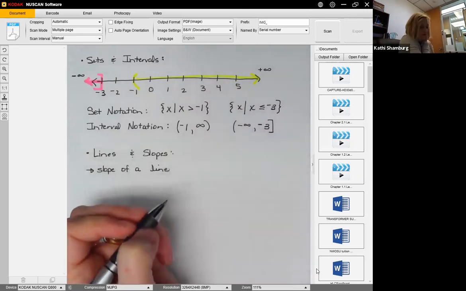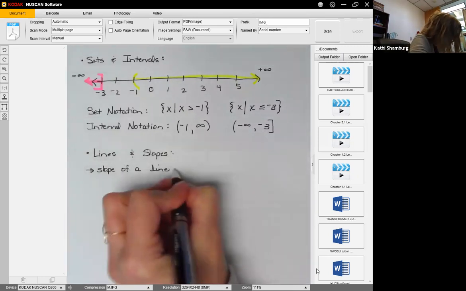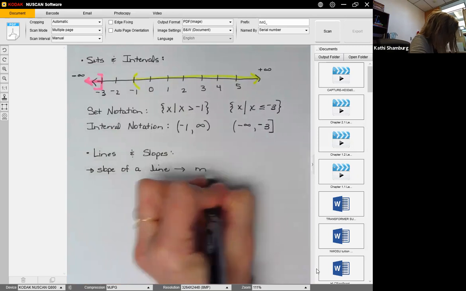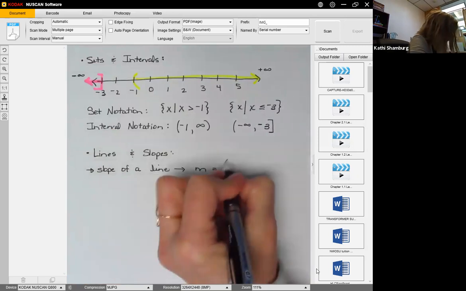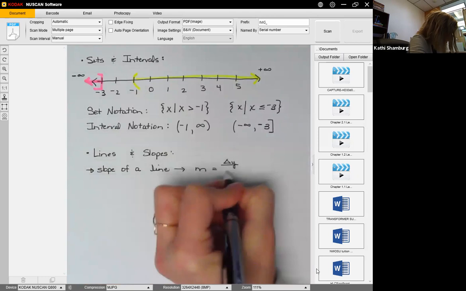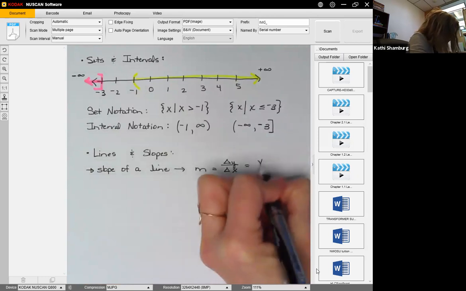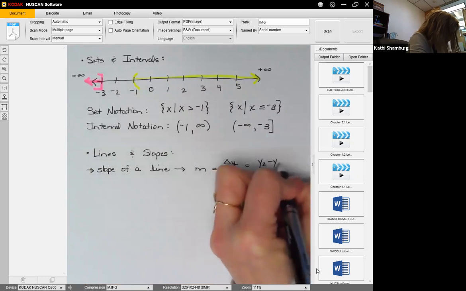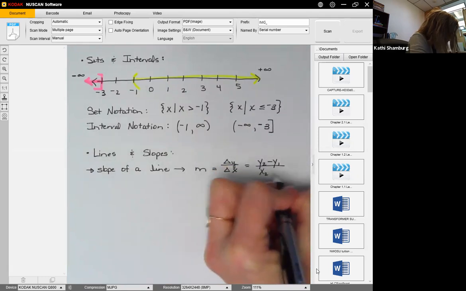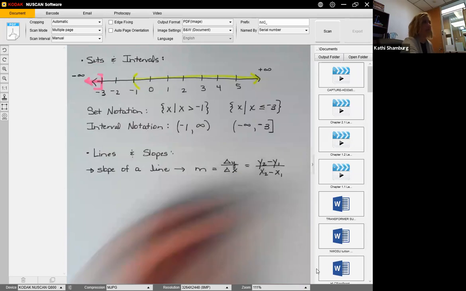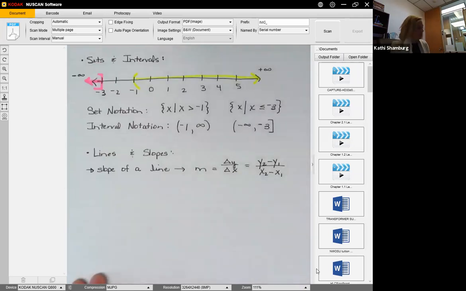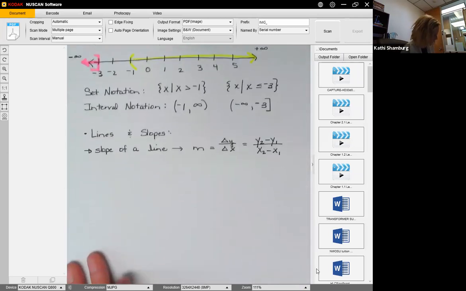The formula for the slope of the line is m, which represents slope, the change in y over the change in x, which you've most likely seen as y2 minus y1 over x2 minus x1. So this would be how to find the slope of a line.